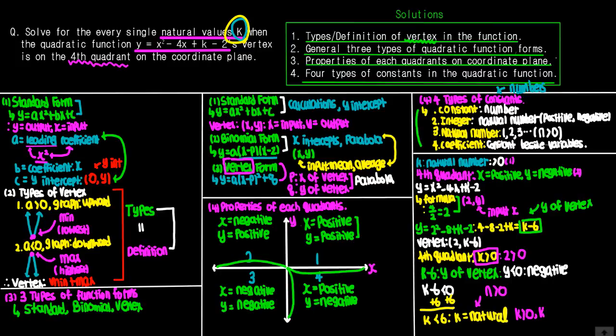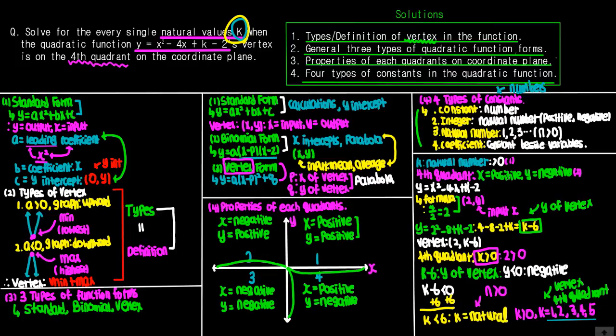So the k values in this case are going to be 1, 2, 3, 4, 5, and this will make our vertex be in the 4th quadrant. So our answer for this question is that there were totally 5 k values in total: 1, 2, 3, 4, as well as 5.